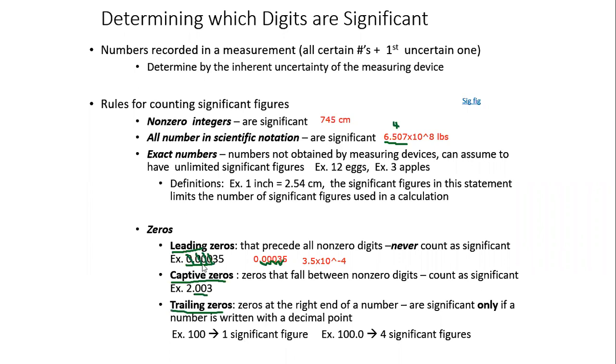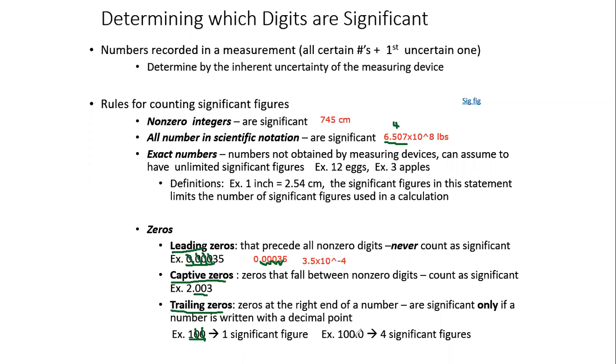And so with trailing zeros, it depends if there's a decimal point or not at the end of the number. So for example, if we look at the number 100, we have 2 trailing zeros, but notice there's no decimal point at the end. So this would just have one significant figure because these zeros are not significant.